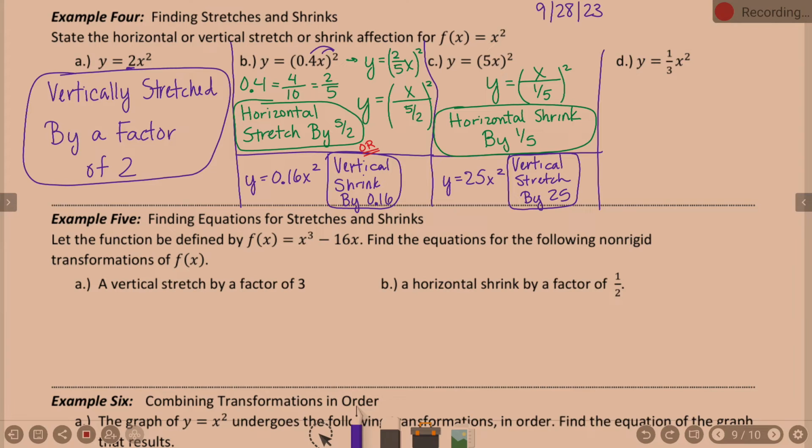Kind of like on A. When it's just a number multiplied by x, you're going to be easier off going with a vertical movement. Shrink. Okay, so I would suggest vertical by a factor of 1/3, which makes it a vertical shrink. So vertical shrink by a factor of 1/3.